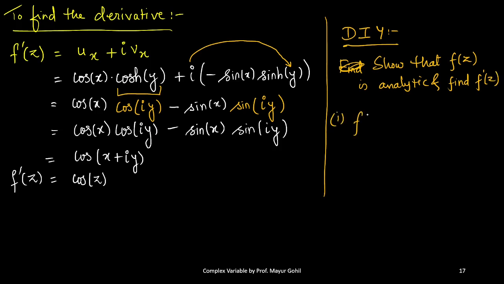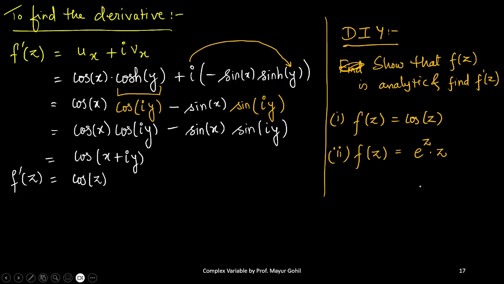So f of z is cos z. So again, it's almost similar to the way we have done here. Okay, second function I'll give you is f of z equals e to the power z times z. So these are two functions you can try on your own, and let me know if you have any difficulty in these two questions in the comment section.